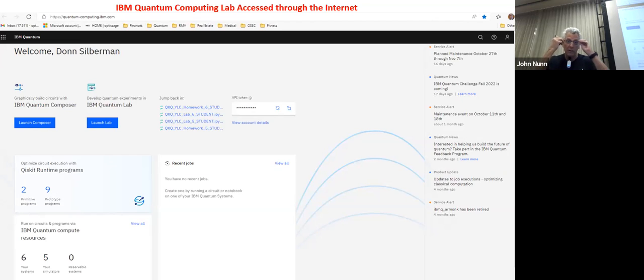This is a screenshot from when I log into IBM's quantum computing lab. And you can see in the middle there, I've done some homework and some lab work. I'm actually taking the Qubit by Qubit course. It's geared towards high school students, but because I want to go out and teach high school students this material, I should learn it first.